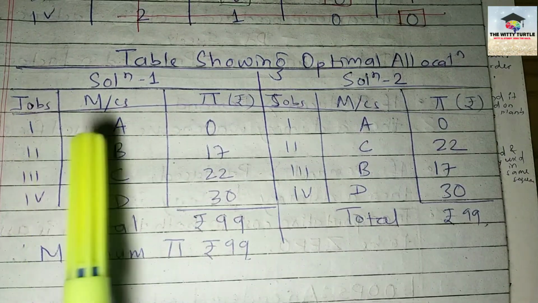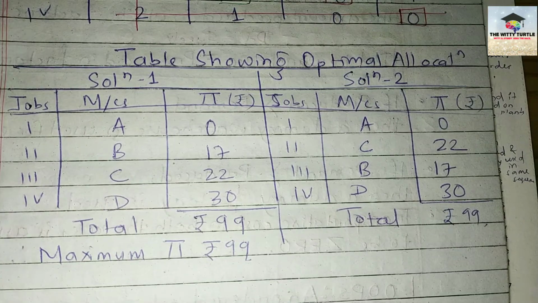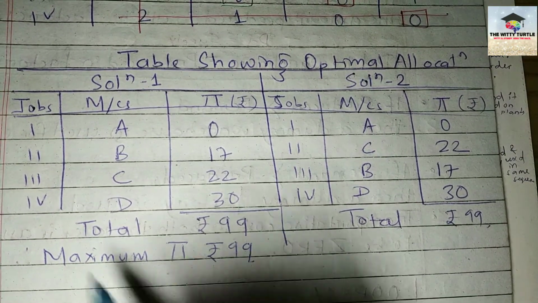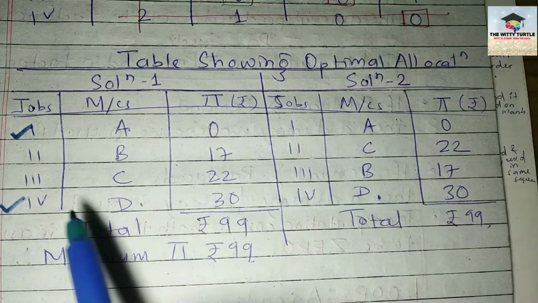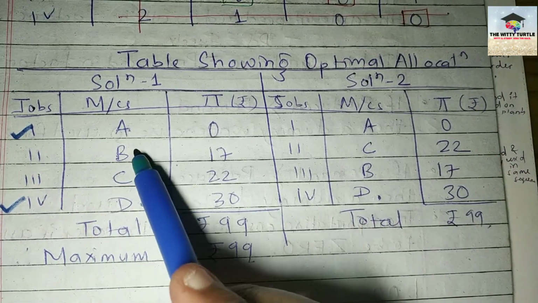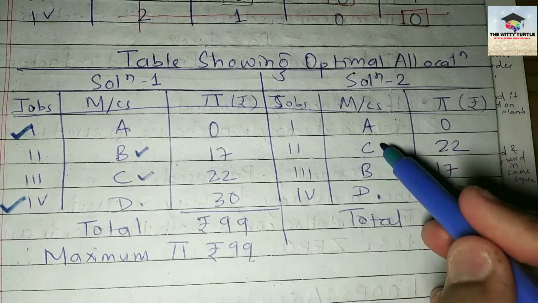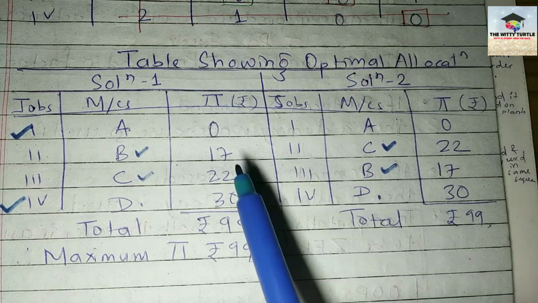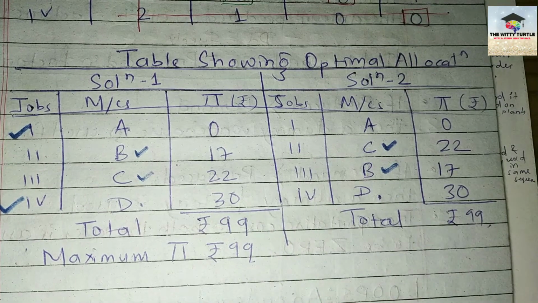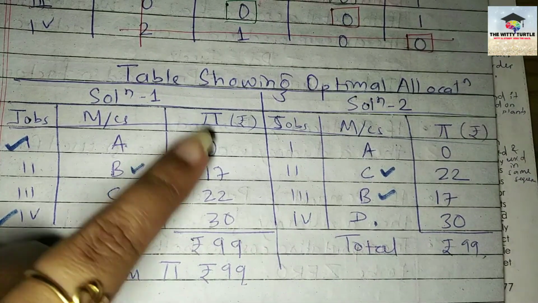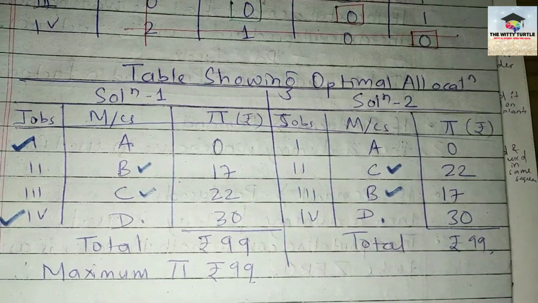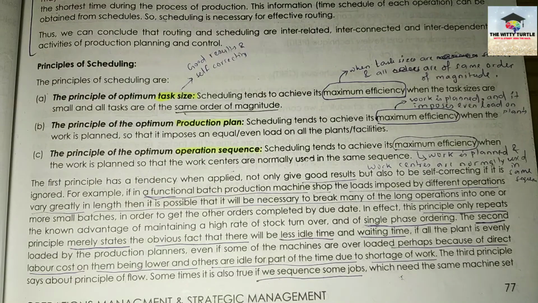For job 1 it is machine A. तो ये तो constant ही है आपका. For job 1 and 4 you have A and D. And for job 2 and 3 you can either take B and C or C and B respectively. Like this if you go, then your answer will be same only, right? So your maximum profit you can identify by adding these values. Okay, understood? I hope this is clear by now.